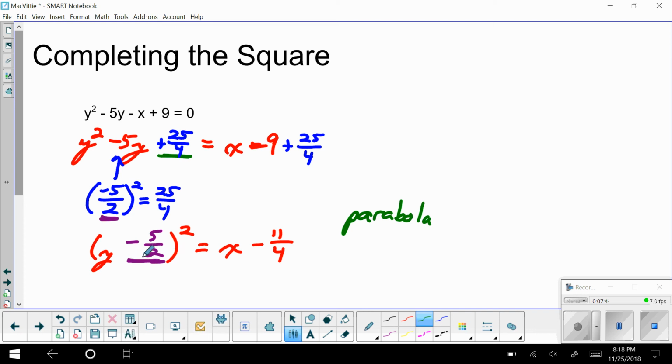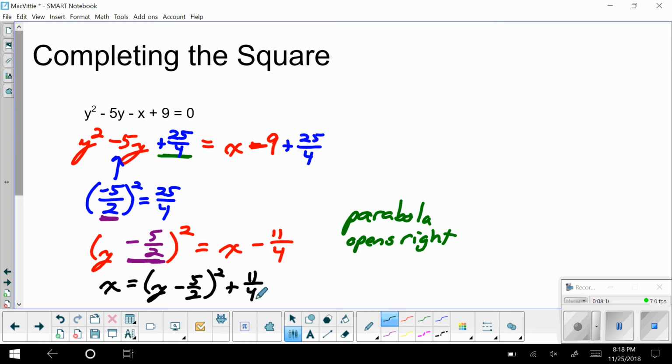The squared part is positive, so it is opening to the right. And then I move my 11/4 over, so it's in a standard form that I'm more comfortable with. So x would equal (y minus 5/2) squared plus 11/4.